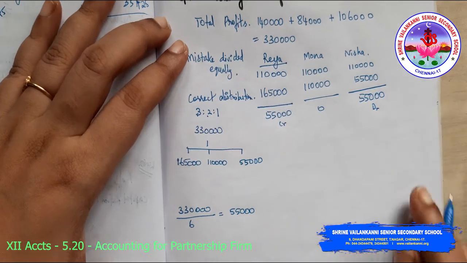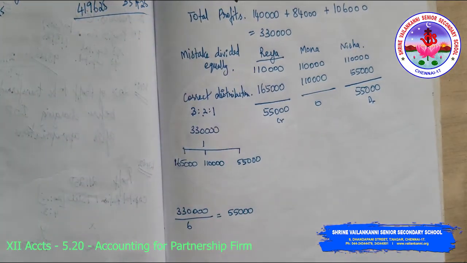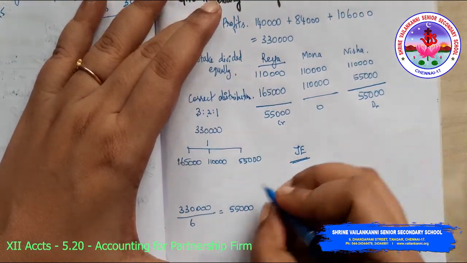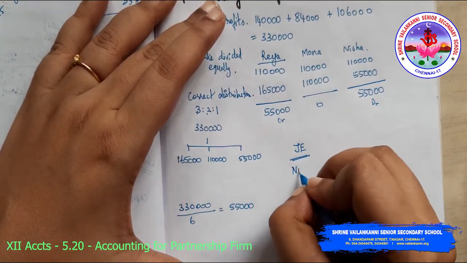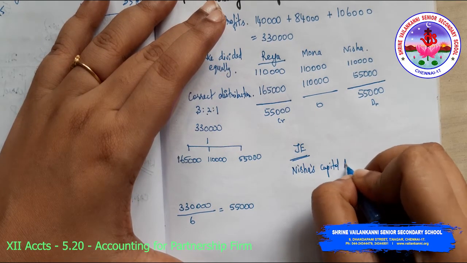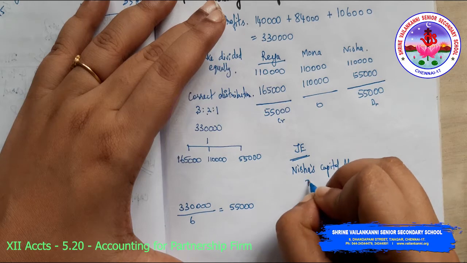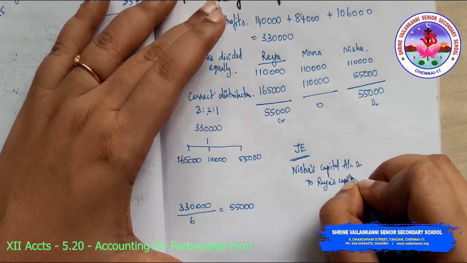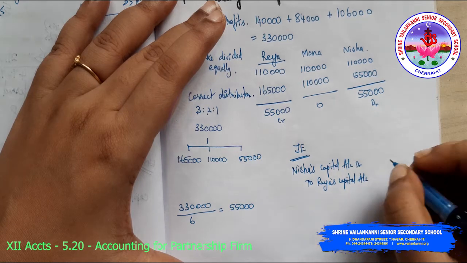So what is the journal entry that we have to look into? The journal entry would be Nisha's capital account debit to Ria's capital account.